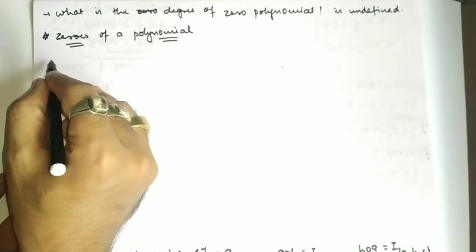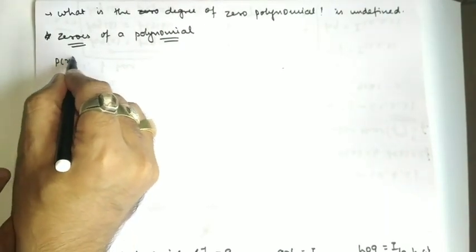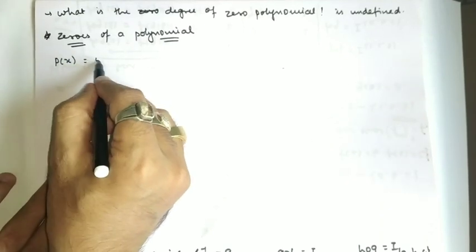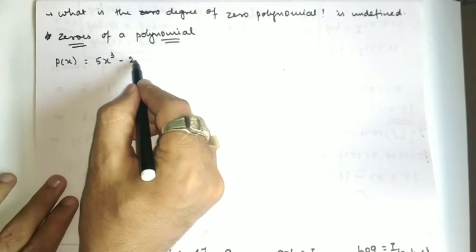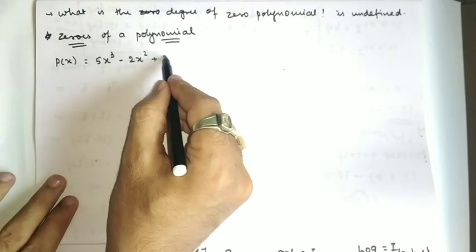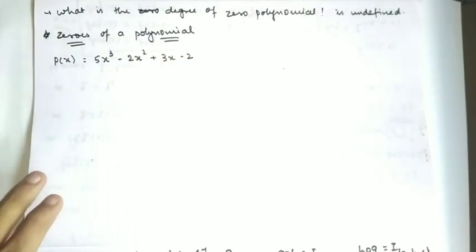Just consider you have one polynomial, p of x is equal to 5x cube minus 2x square plus 3x minus 2.